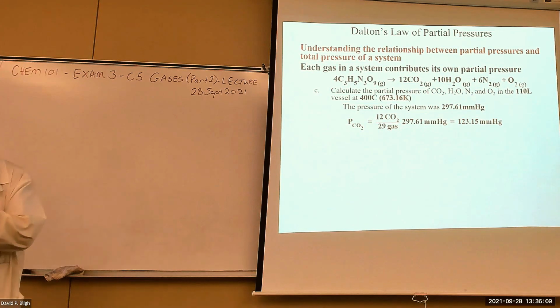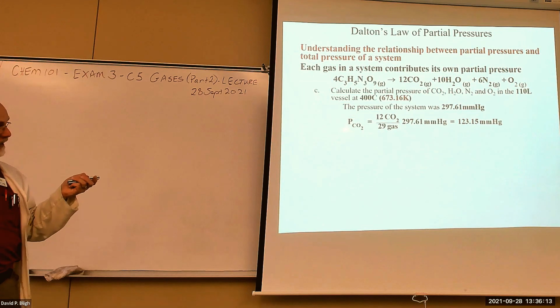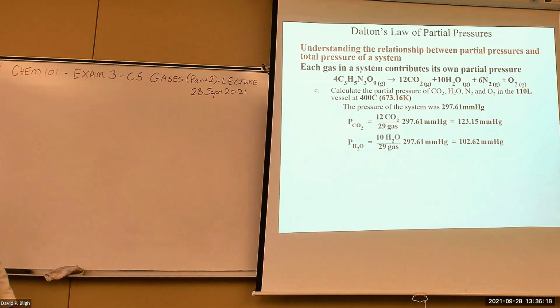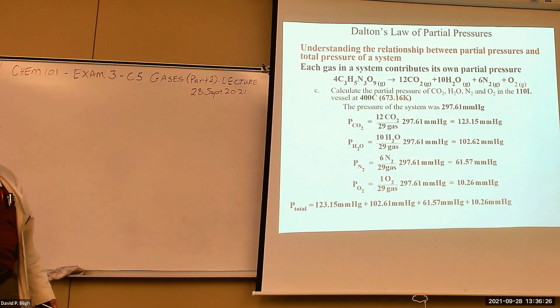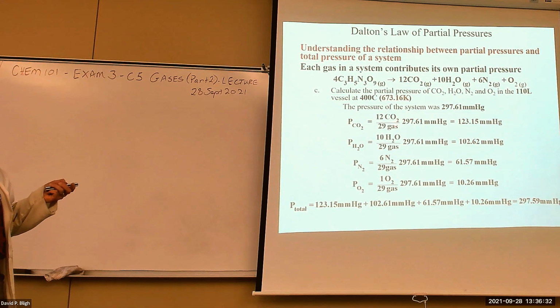The mole fraction times the total pressure will give you the partial pressure of each one of these gases. And you can do that for each one. Down, down, down. Is that it? Yeah, oxygen, that's the last one. Add them all up. And we add them up to 297.59. And we started off at 297.61. Rounding error. Okay.